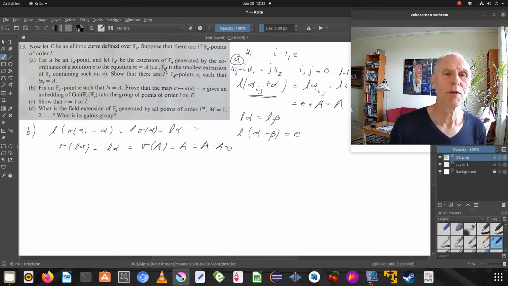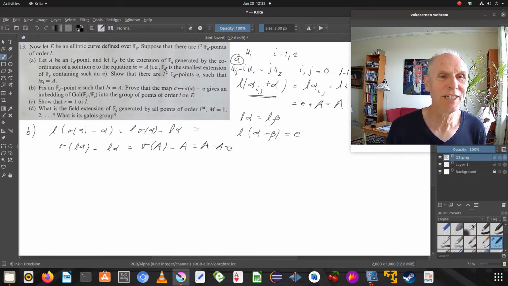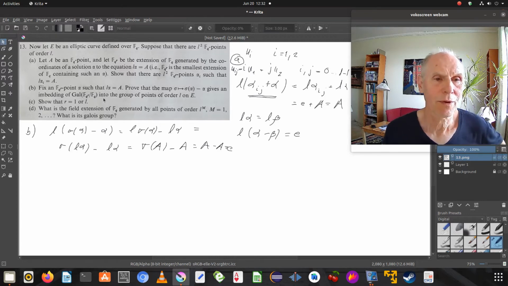Yes, they do. It was kind of obvious to me, but for some reason I needed to perform this calculation. So it maps into the points of order L. And then we have to show that it's an embedding, meaning it's one-to-one, or injective, an injection.